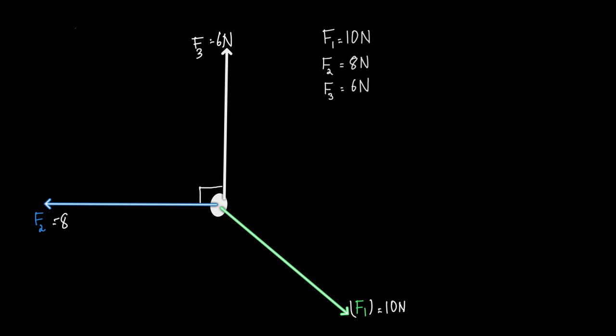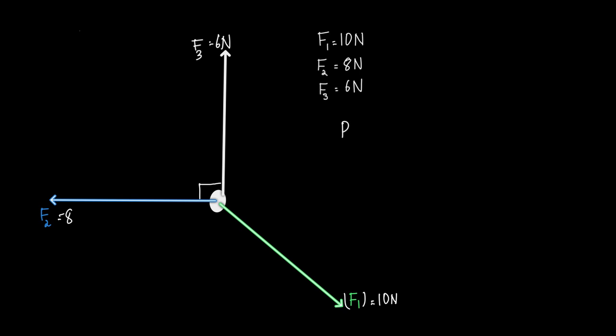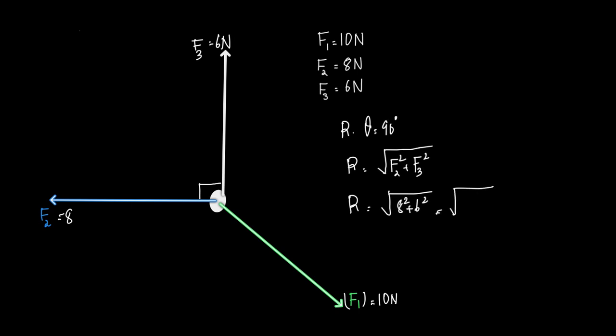Now see, we know that the resultant of two vectors, when the angle between them is 90 degrees, is given by R is equal to root of F2 square plus F3 square, right? So the resultant vector would be root of 8 square plus 6 square, which is root of 64 plus 36, which is equal to 10 Newton, right?